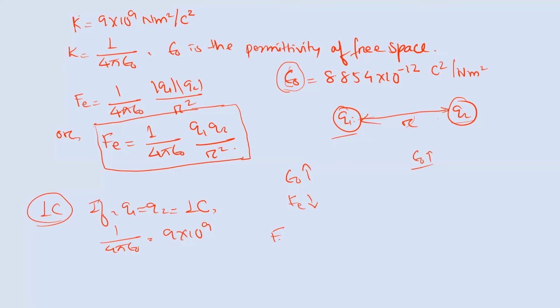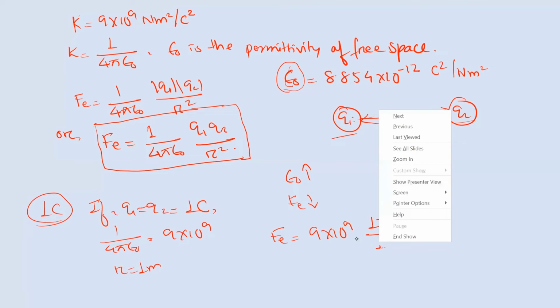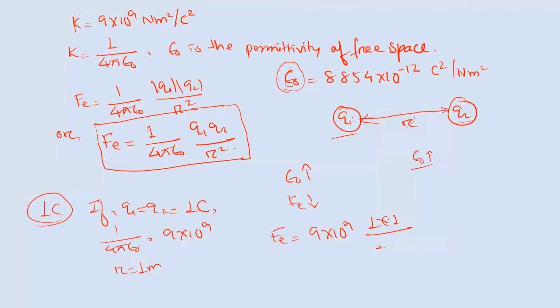Then the electrostatic force Fe equals 9 into 10 to the power 9, and R, the separation between them, you take as 1 meter. Then you will have 1 by 1 square. I have taken that the values of the two charges Q1 and Q2 are equal and the same. Then 1 by the value of K.